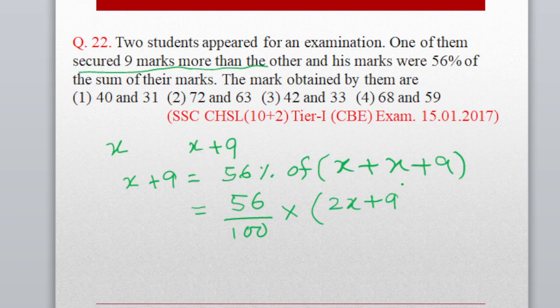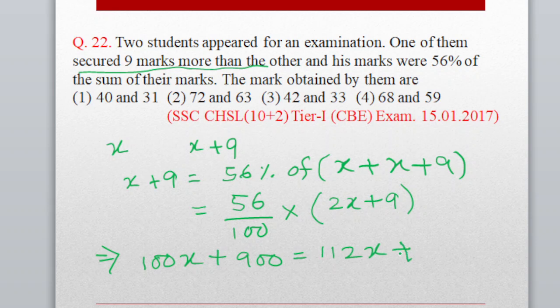Now this implies 100x plus 900. This 100 comes to this side, so it becomes multiplied with x and with 9. So when it is multiplied with x, it becomes 100x, and when it is multiplied with 9, it becomes 900. So that is equal to 56 into 2, it is 112x plus 56 into 9, it is 504.